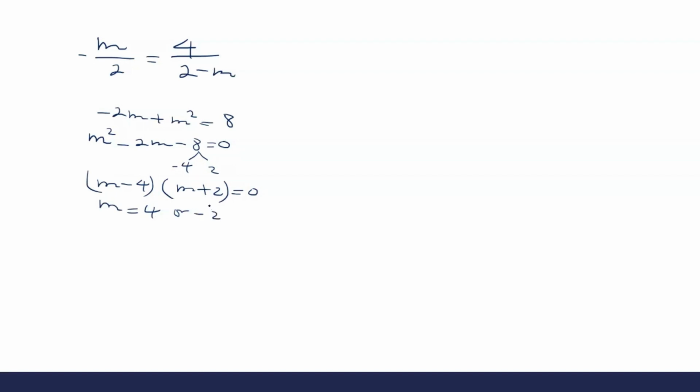We can also do the same thing with the c. Our c1 was 4 equals to negative 2m over 2 minus m, which is going to give me the same answer.